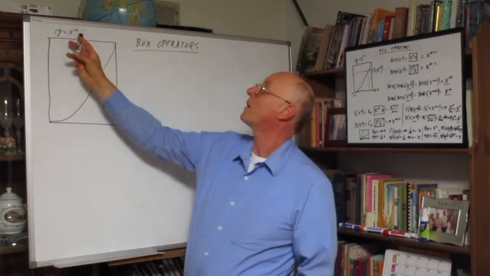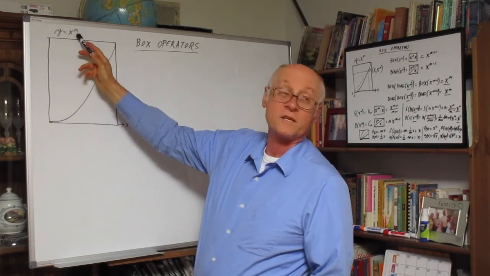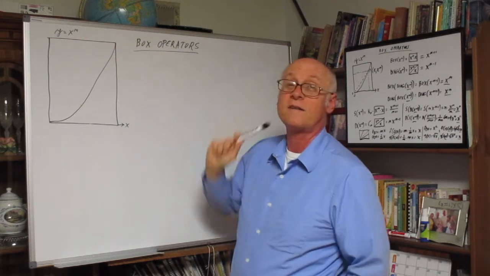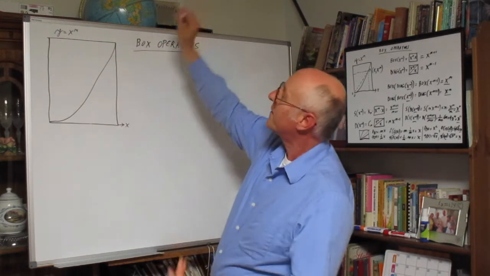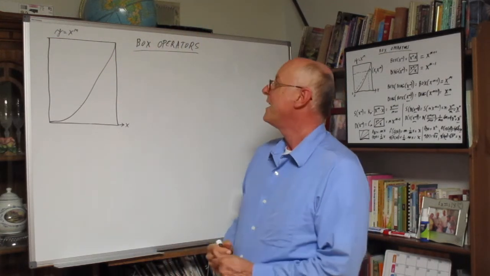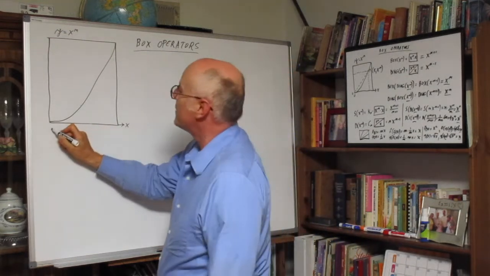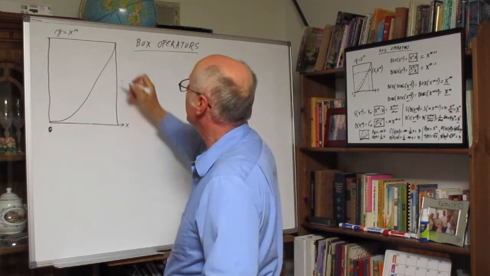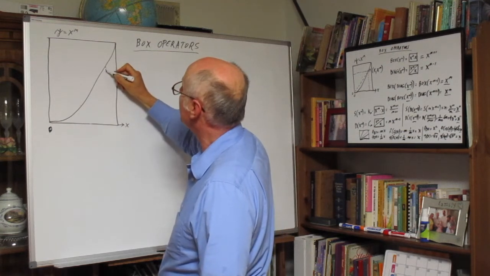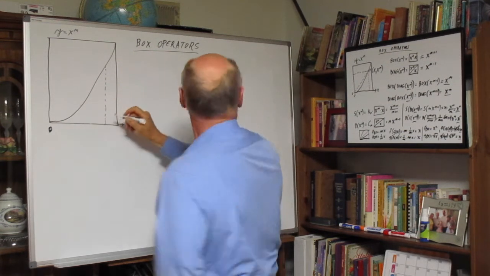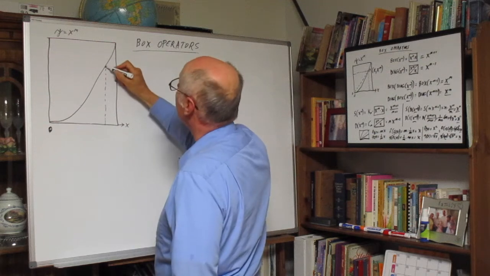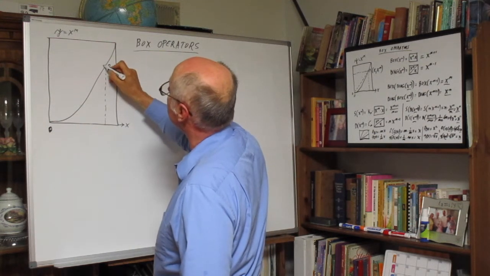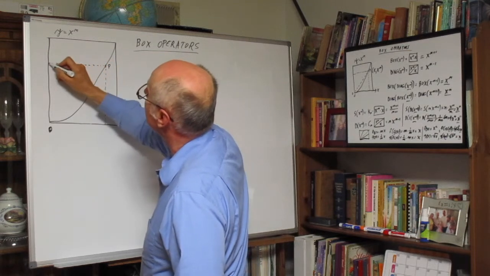There's a curve, y equals x to the n, an ordinary curve, n equals 1, 2, 3, 4, etc. And it looks like this. And we start at 0 and we go to some point, like this, point P, which could be anywhere along this line, and we just draw a box.